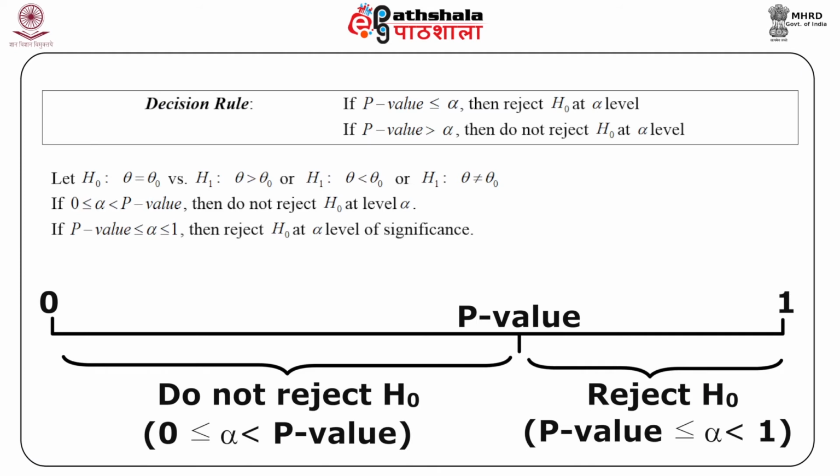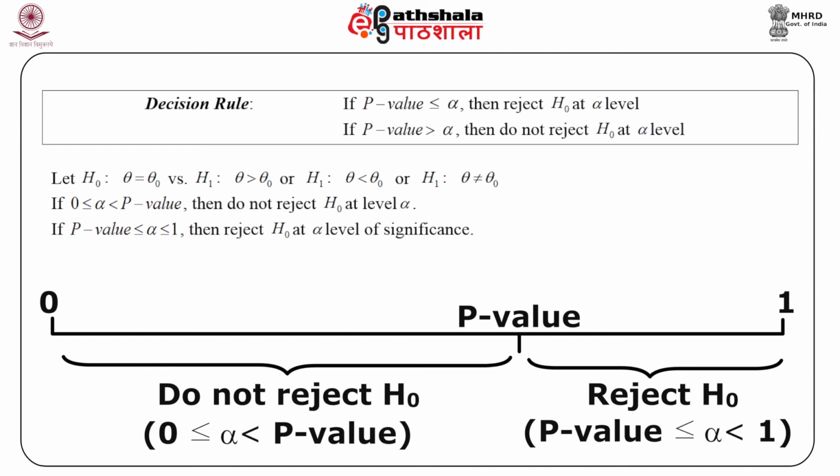The decision rule is that if the p-value is less than or equal to alpha, then reject the null hypothesis H0 at alpha level. If the p-value is greater than alpha, then do not reject the null hypothesis H0 at alpha level. So let H0 be theta equal to theta 0 versus the alternative hypothesis H1, which is theta greater than theta 0, or H1 could be theta less than theta 0, or H1 theta not equal to theta 0.